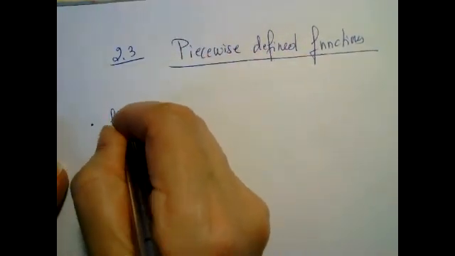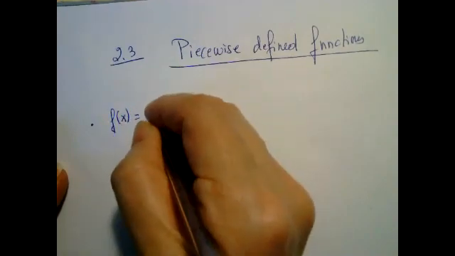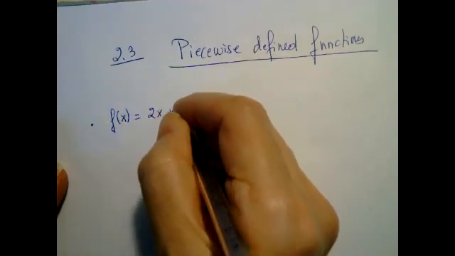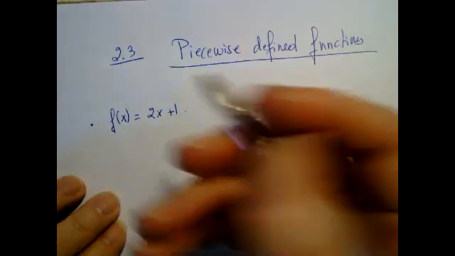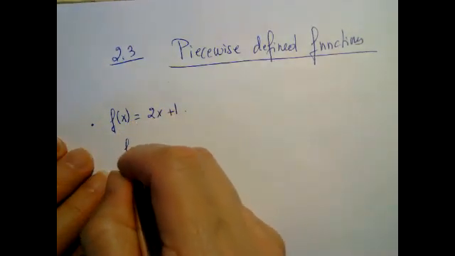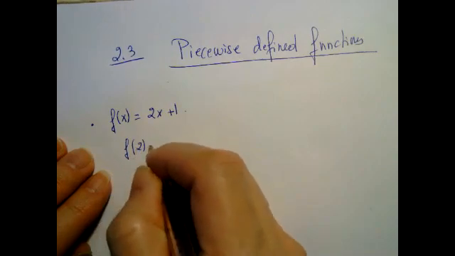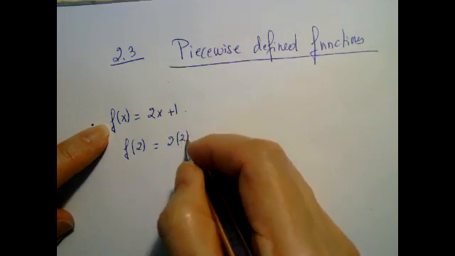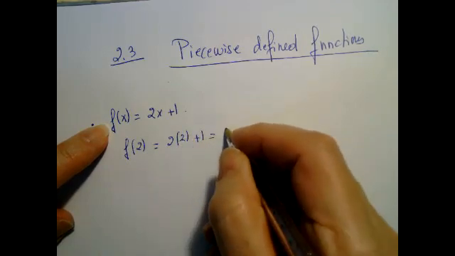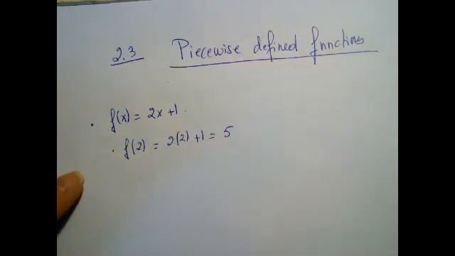Suppose I give you the simple function, f of x equals x plus 1, for example. So I give you one formula. If I tell you find f of anything, f of 2 or f of 15, you just plug in the number here and you get the answer.